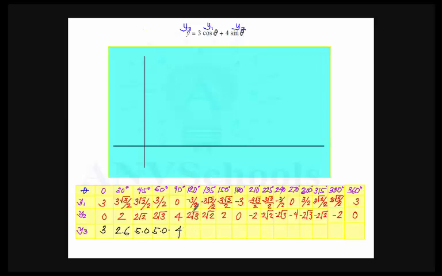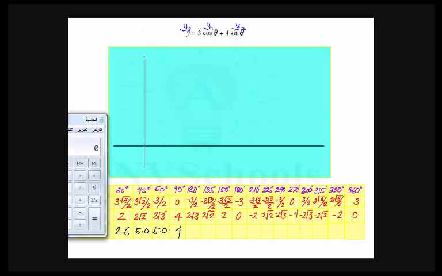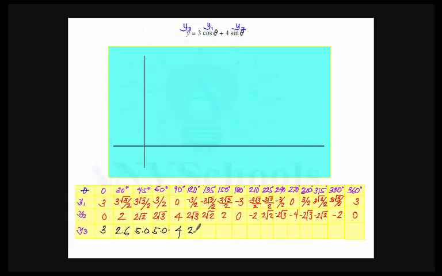And here we have negative 1.5 plus 2 square root of 3, so it will give you 1.964, so like 2.